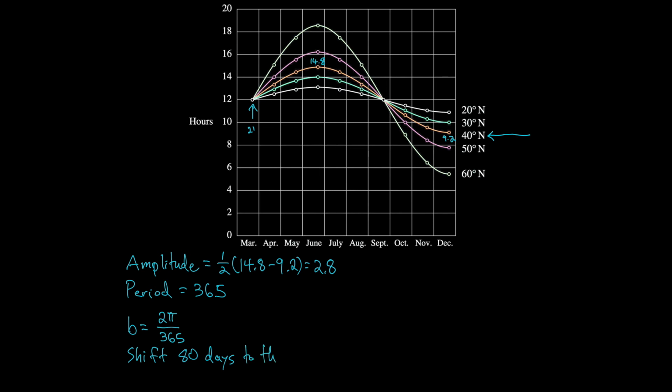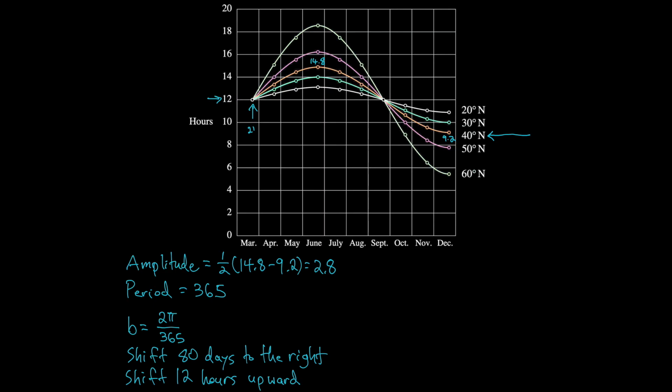And we're also not starting at 0, we're starting up in the air. It looks like we're starting at 12. So let's shift 12 hours upward. Okay, so now I think we have enough to build our function.